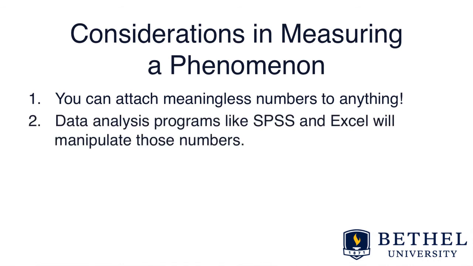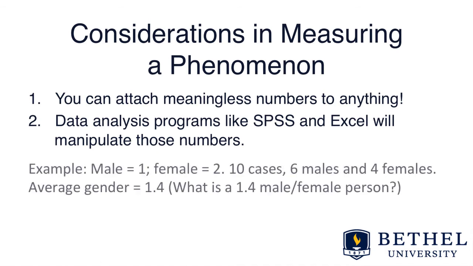The other thing you need to consider is that analysis programs like SPSS and Excel will manipulate those numbers. If you put in numbers about gender and say that all females get a 2 and all males get a 1, I guarantee you that SPSS will give you an average number of gender. There is no such thing as average gender. It's a concept that doesn't exist. But SPSS will give you an average, and so will Excel.